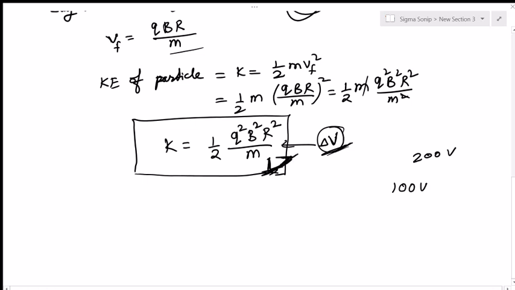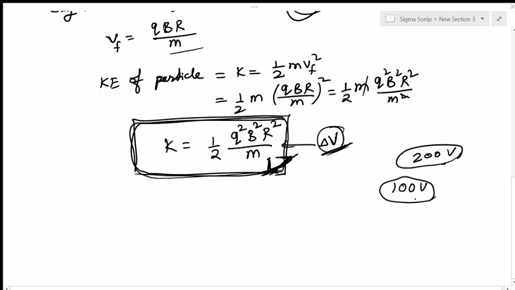How can that happen? When the voltage difference between the Ds is this much, the particle is getting a bigger injection of energy. When it is 100 volt, it is getting a smaller dose of energy every time it crosses the gap. But in both cases, the particle eventually ends up with this energy.